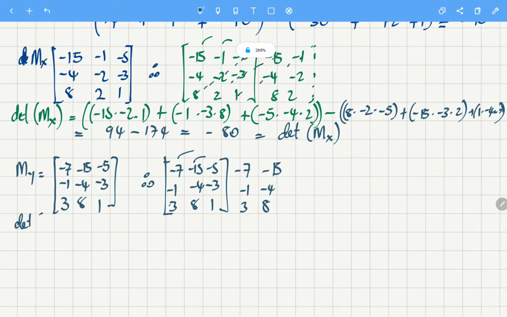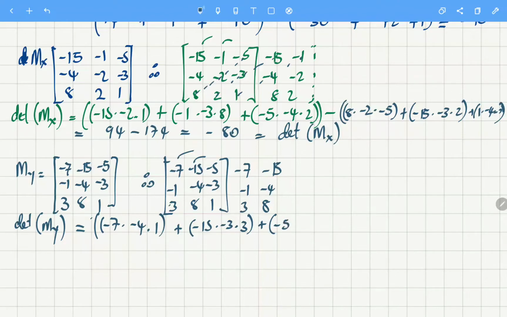So the determinant of my is minus 7 times 4 times 1, plus minus 15 times minus 3 times 3, plus minus 5 times minus 1 times 8.